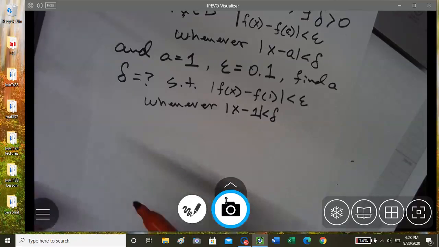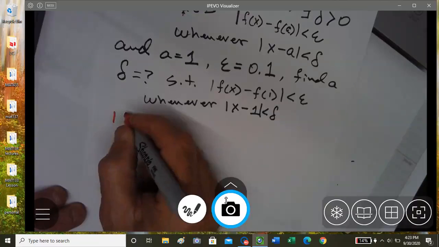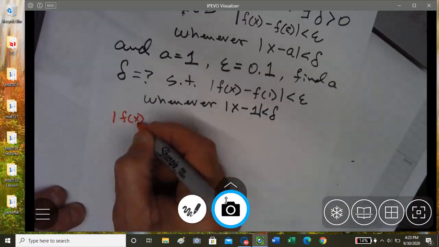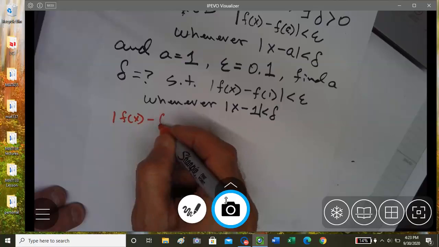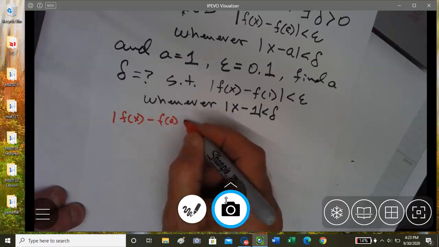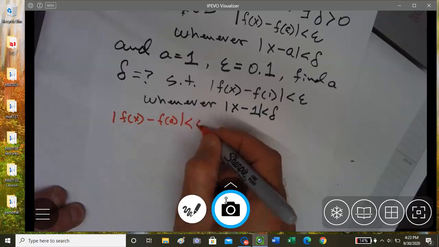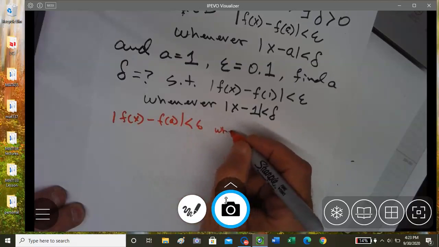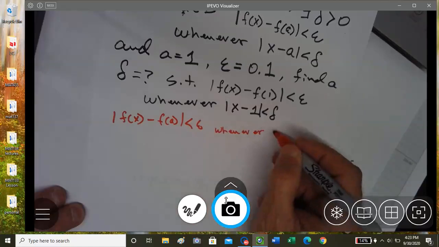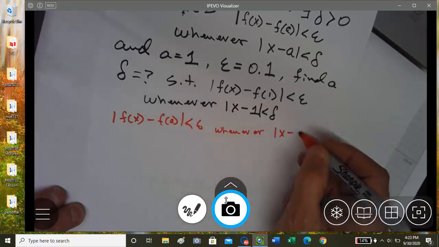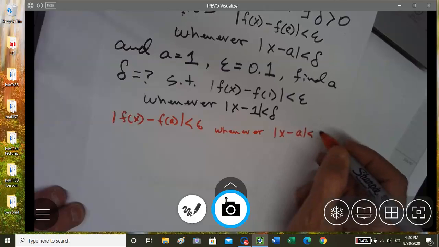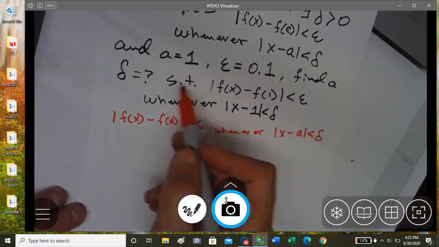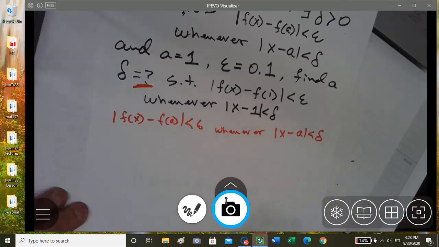We start off with the absolute value of f(x) minus f(a) less than epsilon whenever the absolute value of x minus a is less than some number delta. So we're trying to find this delta here. That's what we're trying to get to.